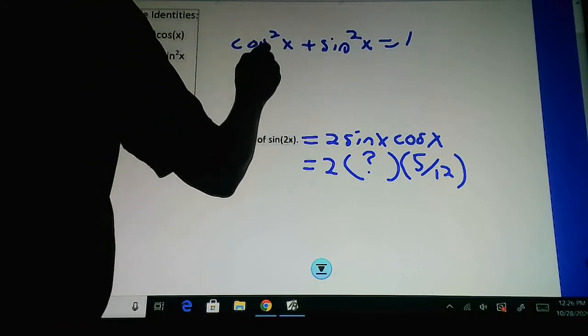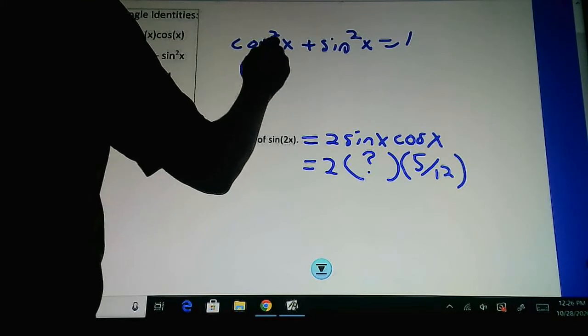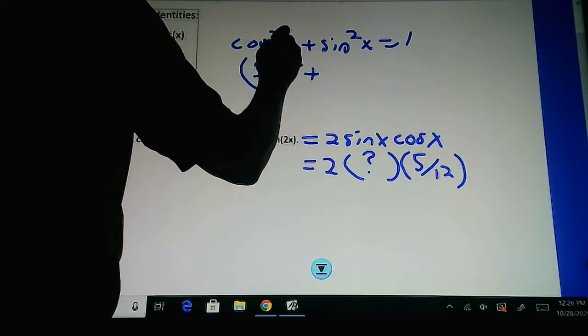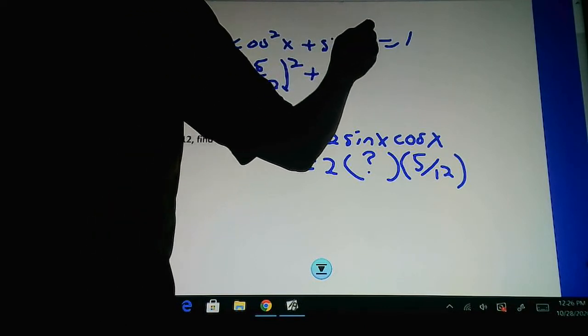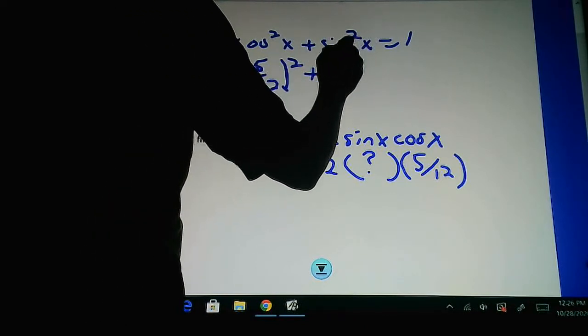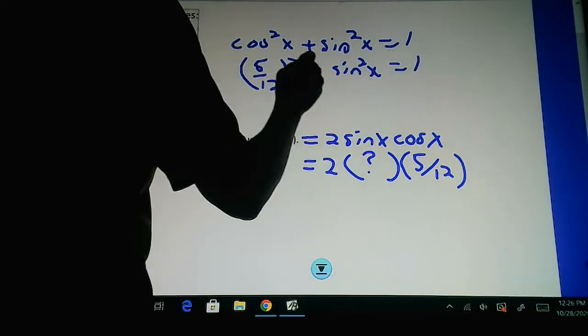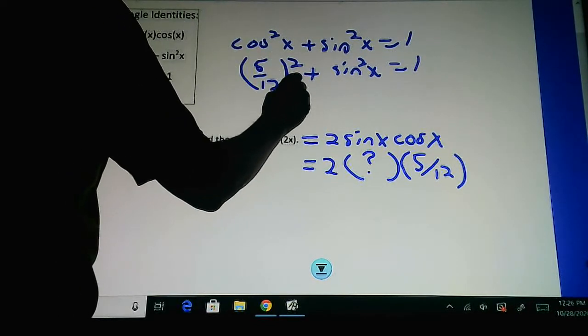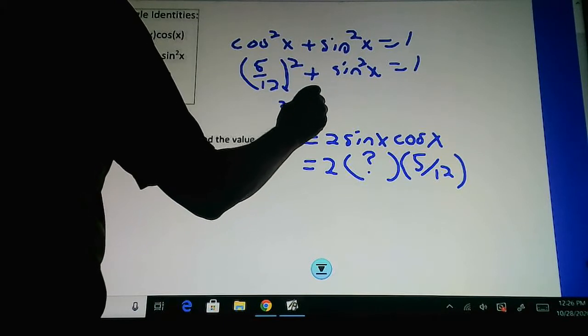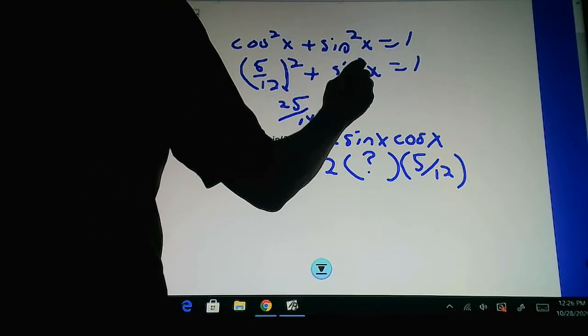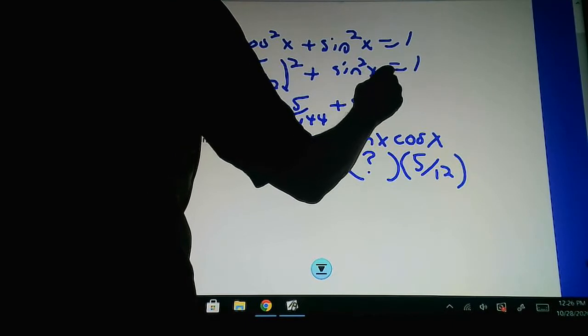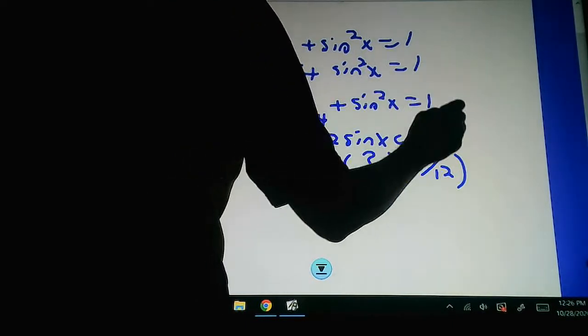Cosine equals 5/12. Let's see. So we don't know what sine is. 5/12 squared is 25 over 144. Come back over here.